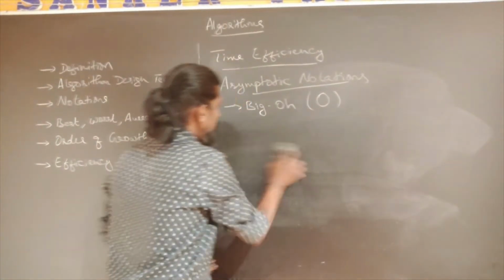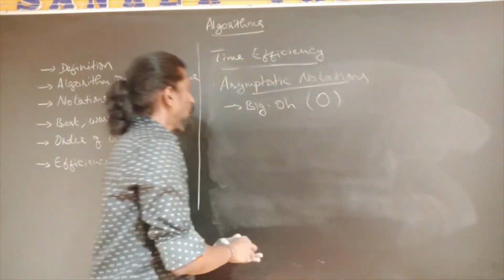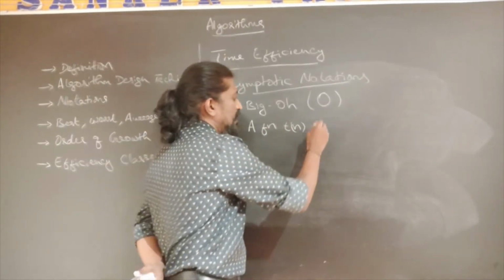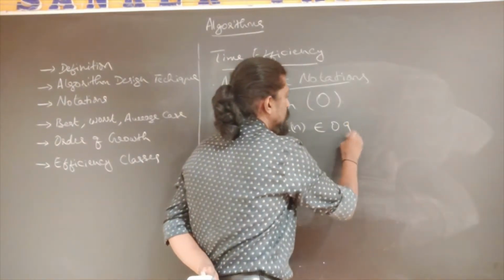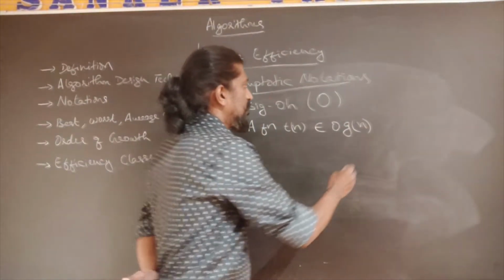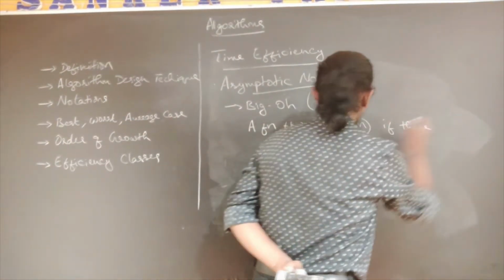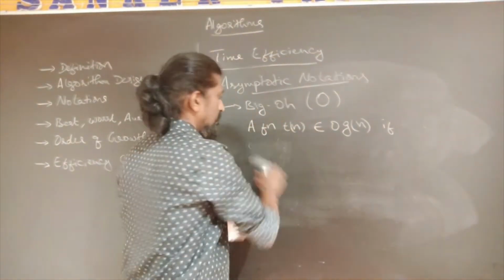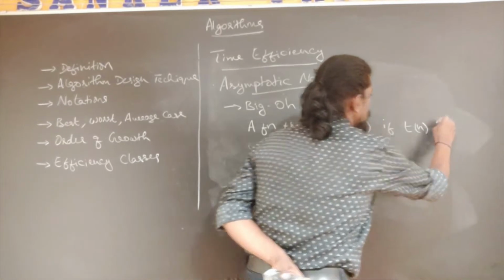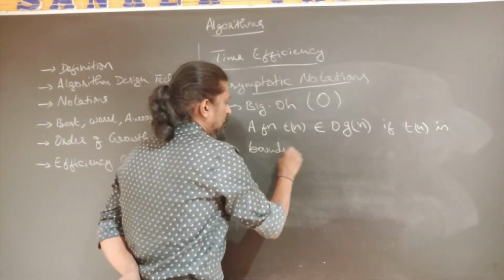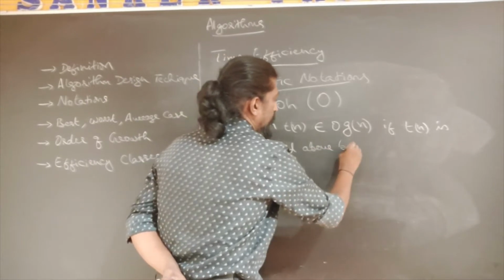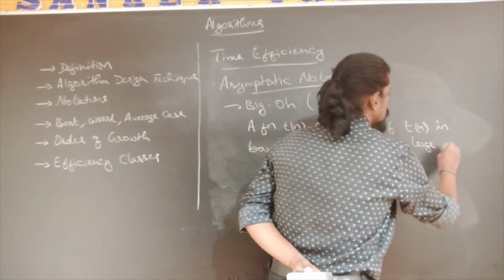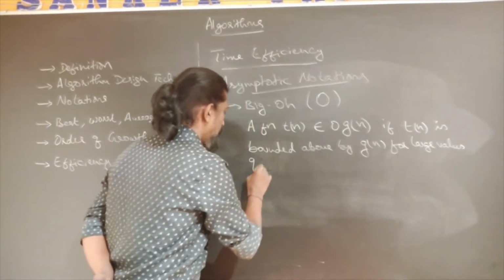Now, what does big O notation tell? Big O notation tells us a function t of n is said to belong to O of g of n if t of n is bounded above by g of n for large values of n.